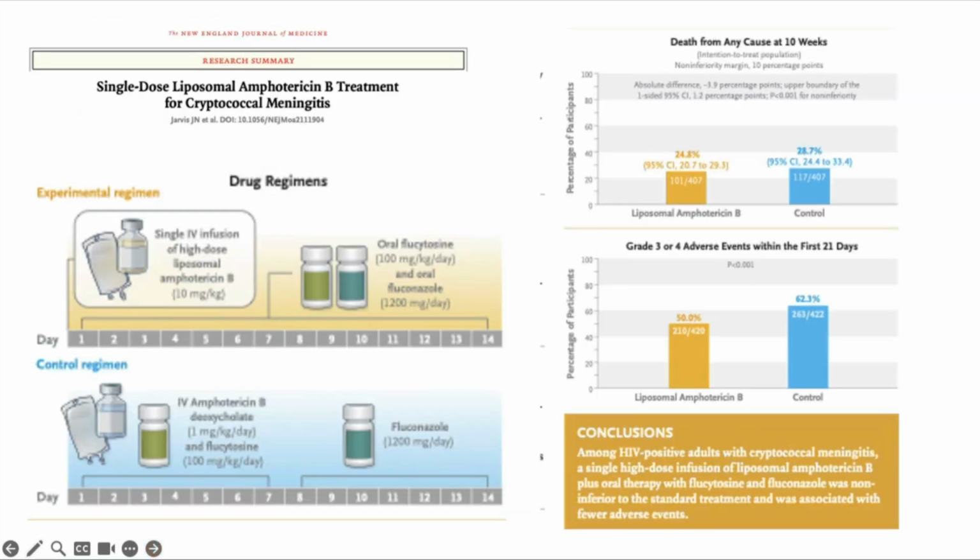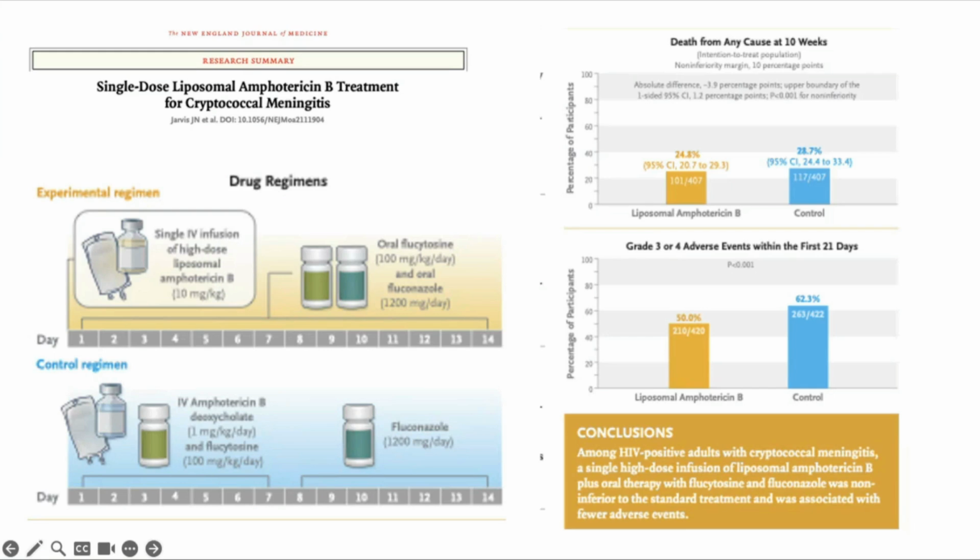There's also, a couple years ago, a more recent trial published looking at single-dose liposomal amphotericin B treatment for cryptococcal meningitis. It was a single dose followed by oral flucytosine and fluconazole versus a control regimen, which is not exactly what we do here. It's amphotericin deoxycholate and flucytosine for 7 days followed by fluconazole.